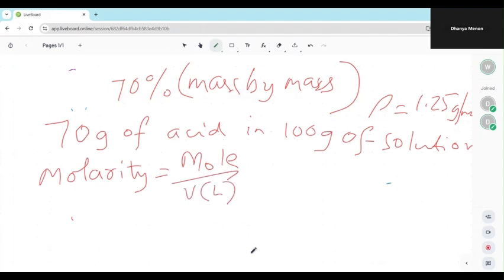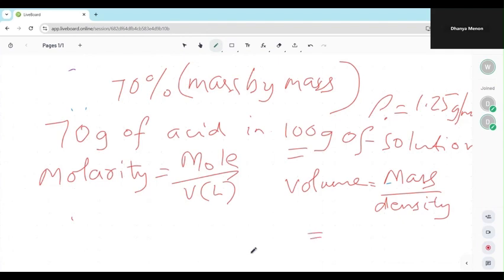In order to find the volume, density is given, mass is given. So how do you find the volume? Volume is mass over density. We have both pieces of information, right? So mass is 100 grams by density rho 1.25 grams per ml. What will be the answer over here? It is 80 ml. Okay, it is 80 ml, but we want it in liters.